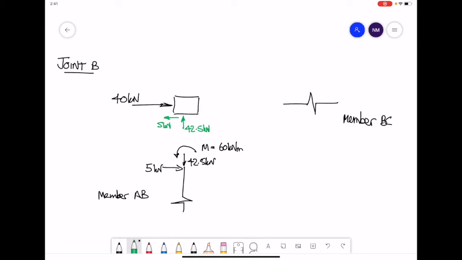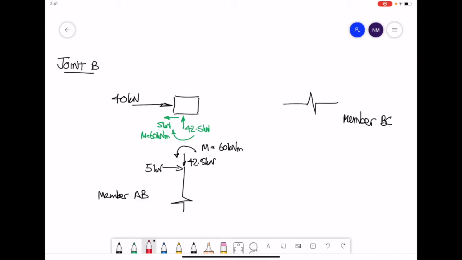Anti-clockwise 60 kilonewton meters means now we have a clockwise moment going into the joint of 60 kilonewton meters. Now our joint has to be in equilibrium. So now we're considering how the 3 green forces, moments, work with the 40 kilonewtons to balance the forces at the joint.